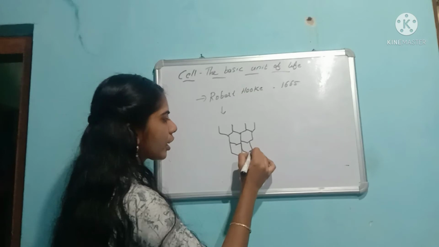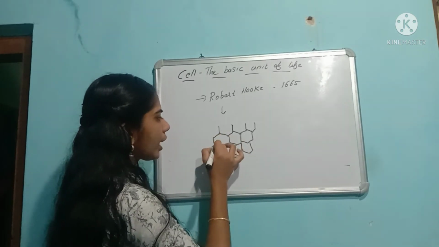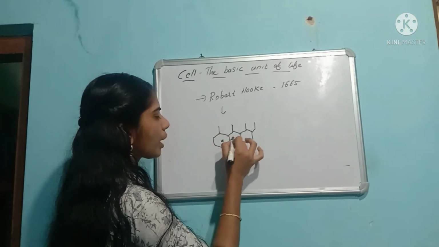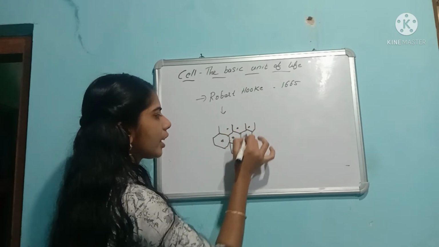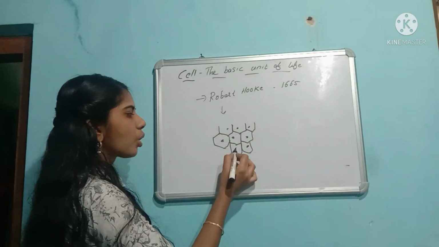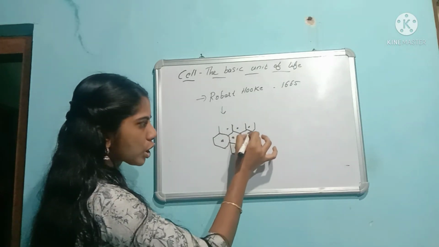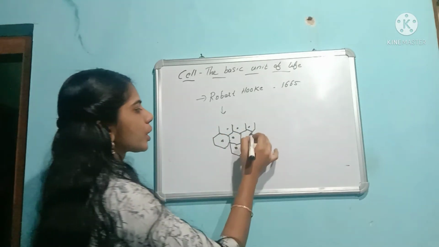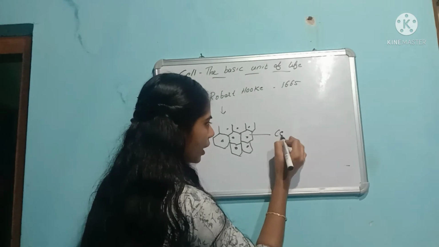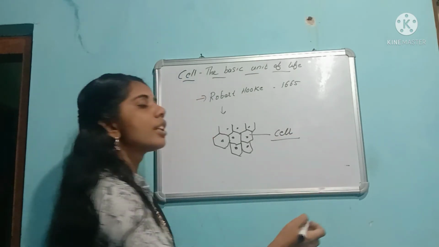He found something like a honeycomb, small room-like structures. So that's the reason he named that room-like structure the cell.